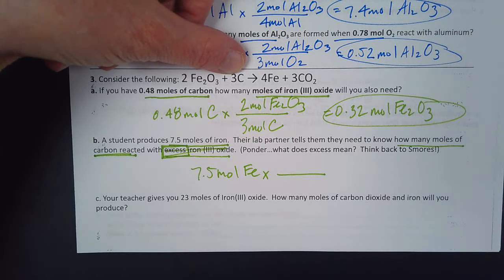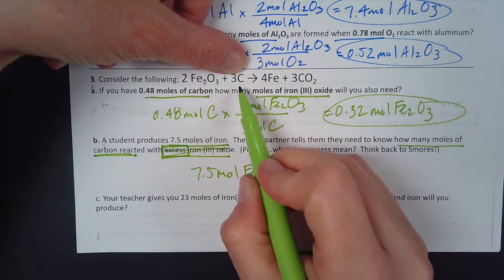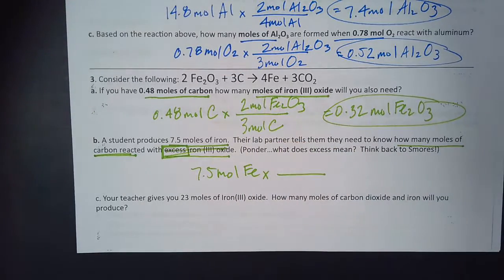Who said it? Someone said it. Limiting. Did you say it, Olivia? The limiting. Yeah. It's the limiting reactant. So the limiting reactant is the only one we care about. We don't care about the excess because that's never going to make our product. The only thing that's going to make our product is the limiting, because what happens with the limiting reactant?